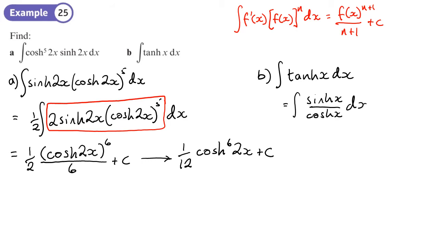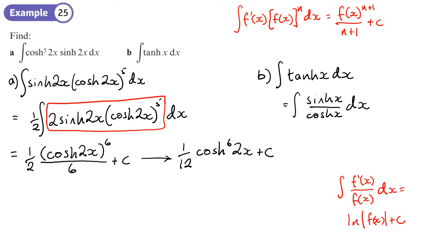Then we could use another pattern which says that if you are integrating the derivative over the function, then that becomes log of the bottom, so log of f of x plus c. If you didn't just look it up in the table, this is what you would use.